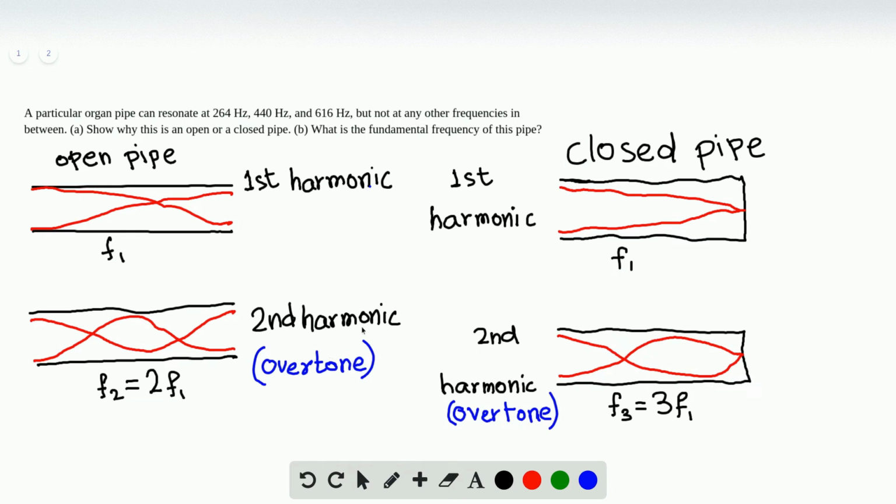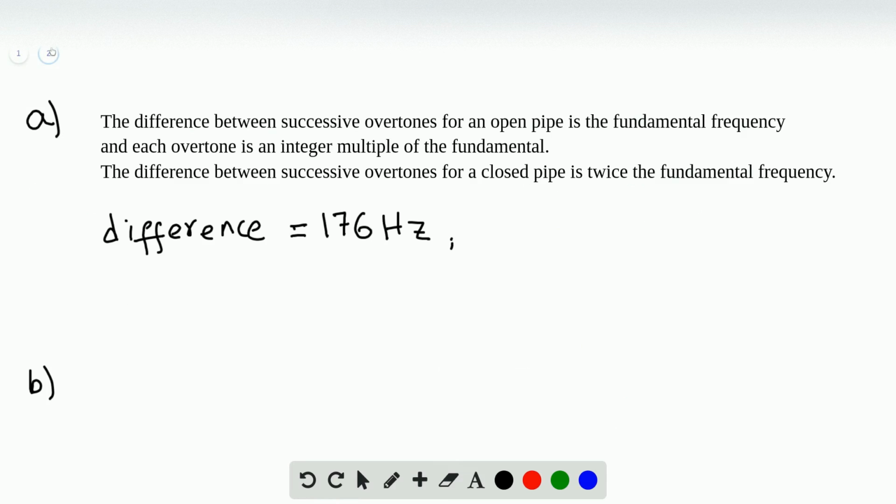So let's look at what we are given. We have three different frequencies, and if we take the difference between those frequencies, you see the difference between successive overtones for an open pipe is the fundamental frequency, as we mentioned, and then it should be an integer multiple.